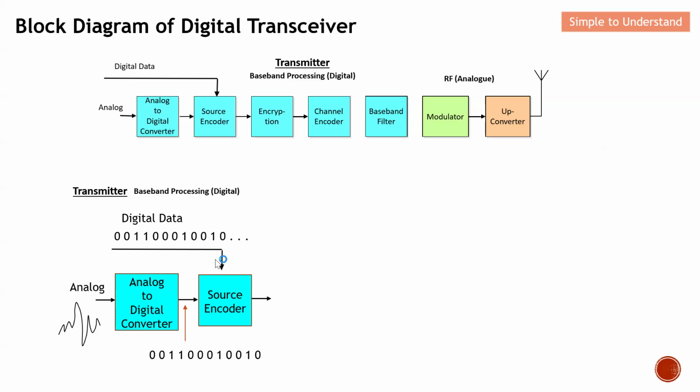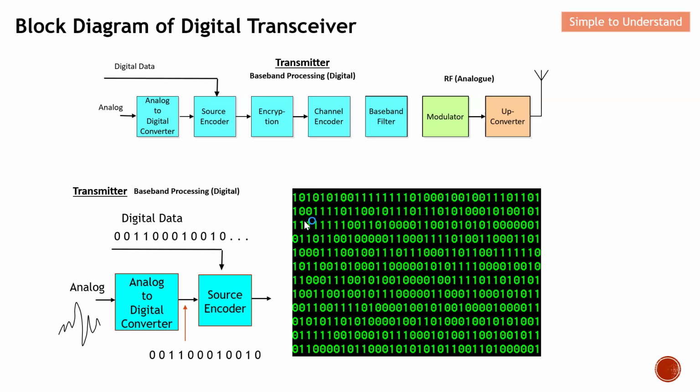For example, imagine if the signal is naturally digital, then it will go directly to the source encoder, as you can see from this diagram. Depending on your source, whether it is analog or digital, they will be fed at two different inputs over here. You can see that these are all the signals.